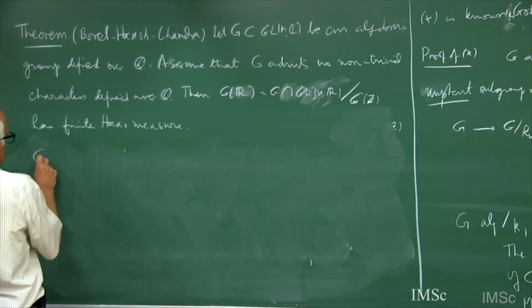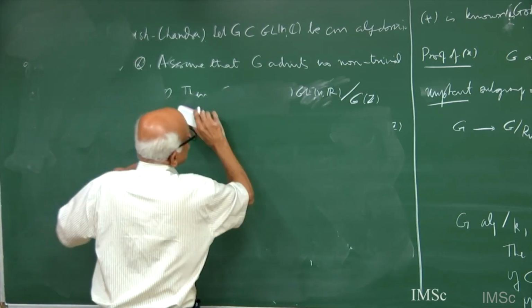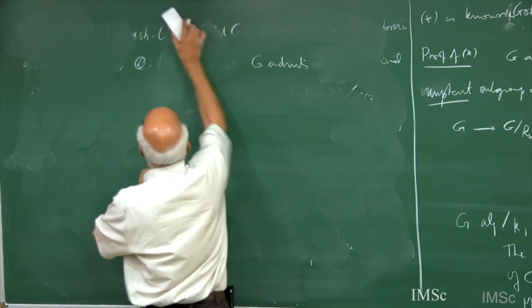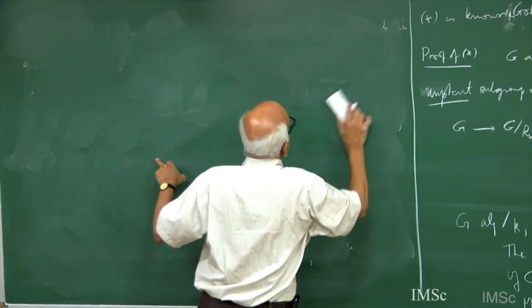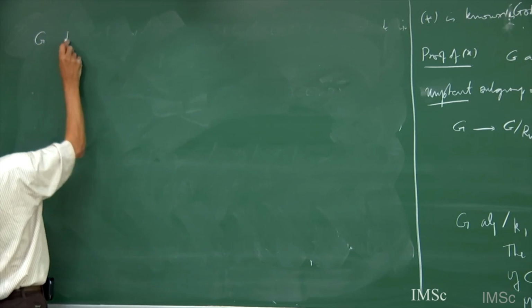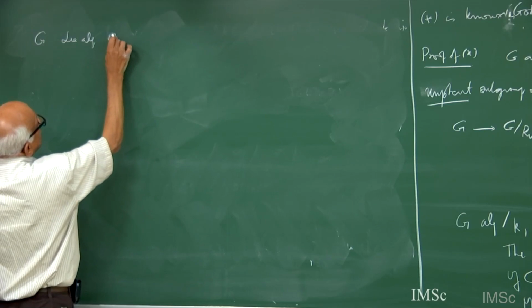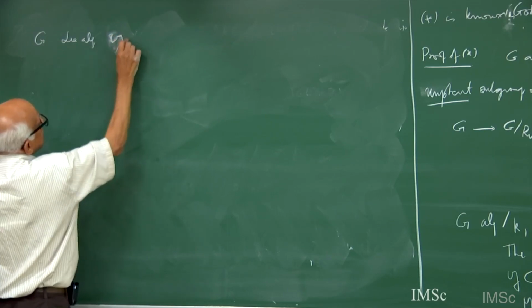So the group G, let me write this. You have the group G and its Lie algebra, that is, incidentally, German g. So I'll keep saying g for that also.